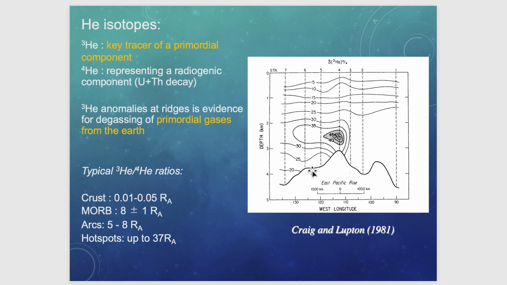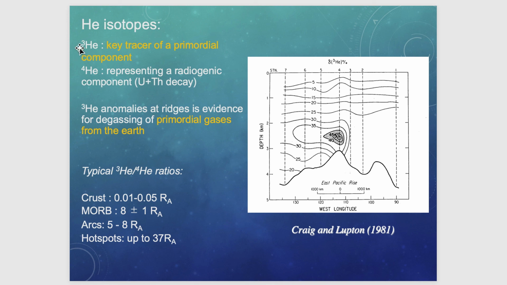And so what these people realized is that helium-3 actually comes from deep in the mantle, and it's something that is primordial. So it's not really generated by any radiogenic processes.